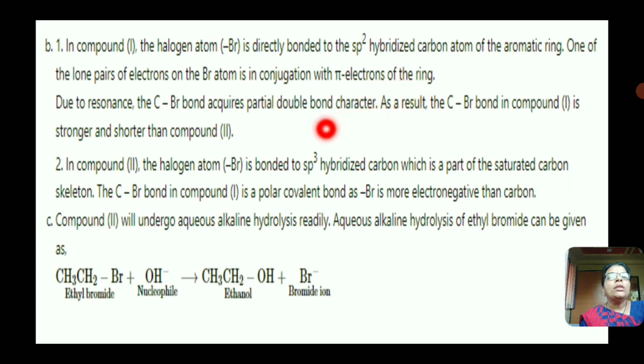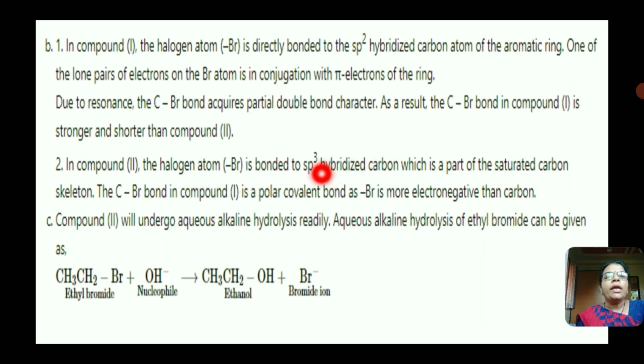Due to resonance, the C-Br bond acquires partial double bond character. As a result, the C-Br bond in compound first, that is bromobenzene, a haloarene, is stronger and shorter than in compound second, that is haloalkane.